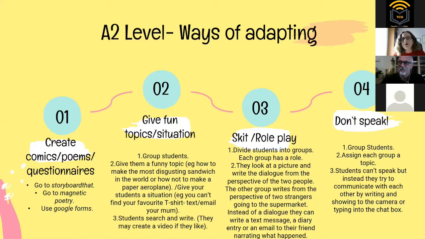And although I do love speaking, this exercise is funny and quite challenging at the same time, because after giving your students a topic, you tell them that they mustn't speak, and instead they try to communicate with other people by showing what they have to say to the camera, or they have to type it into the chat box.